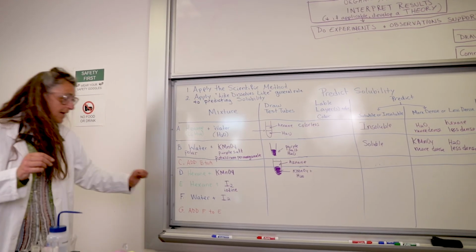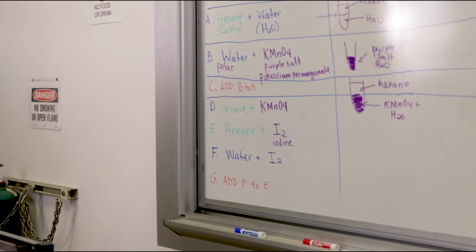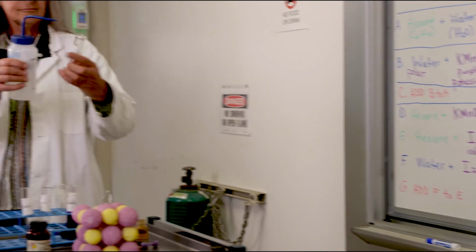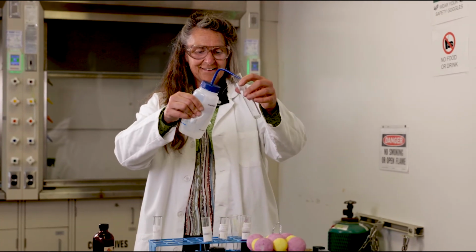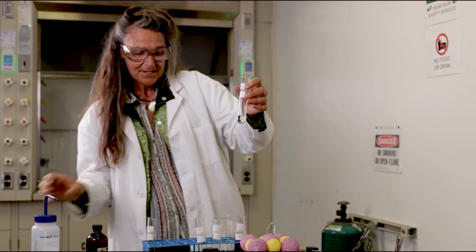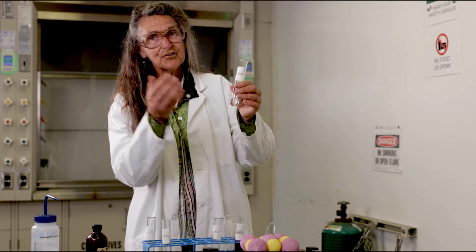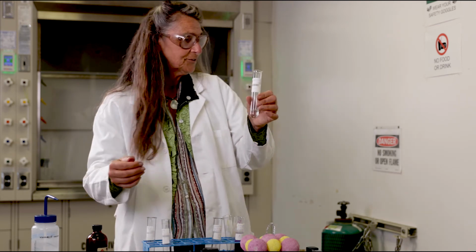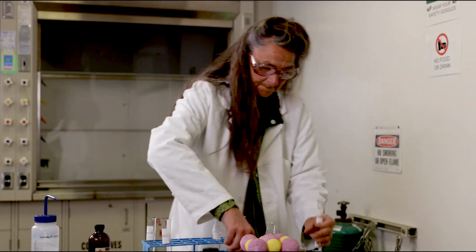Okay, test tube F is water and iodine. So we're going to take some water. Oh, this is water. And we said water is a polar molecule. So if water is a polar molecule, that means it has an asymmetric electron cloud. And now we are going to add iodine, right?